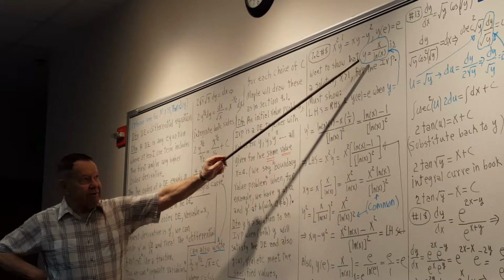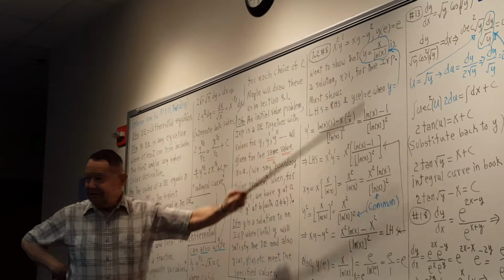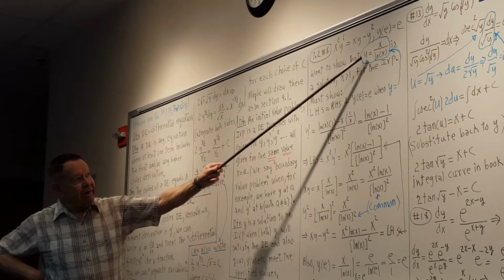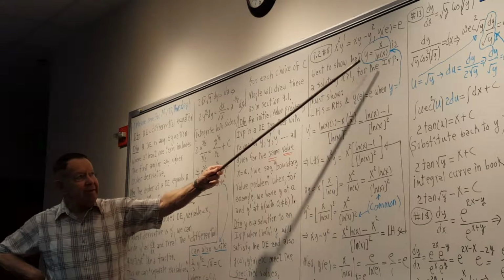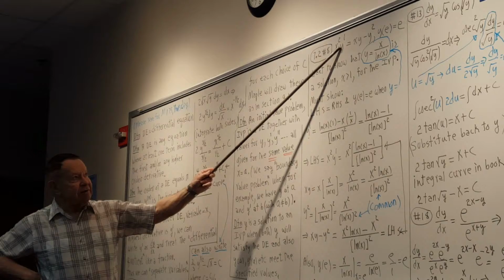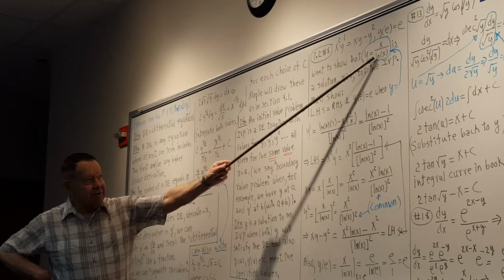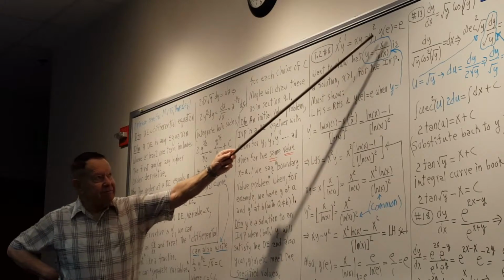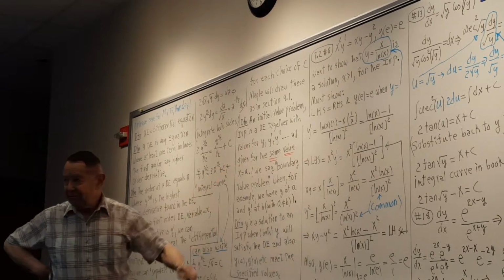And also you're to check that when X is E, the Y value is E. So we're trying to prove, like you prove a trig identity, that this works in the way that I described, and also that this gives you this value when X is this value.